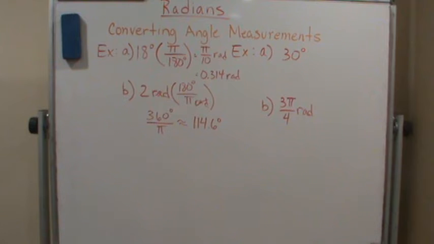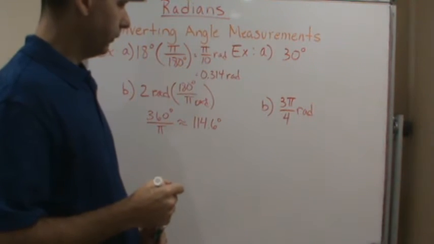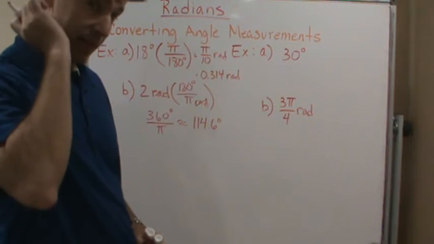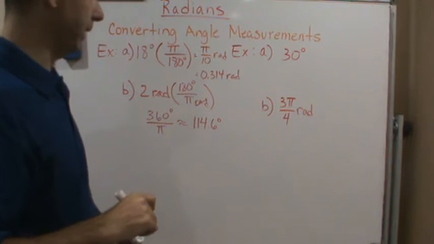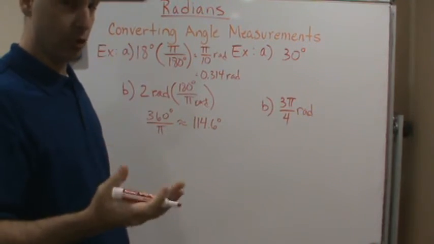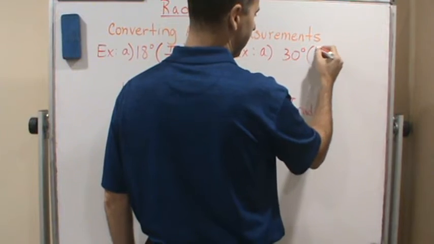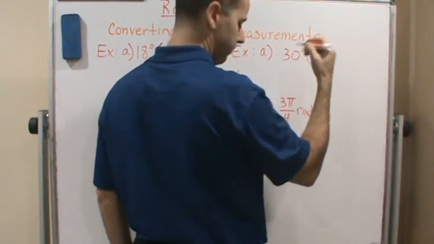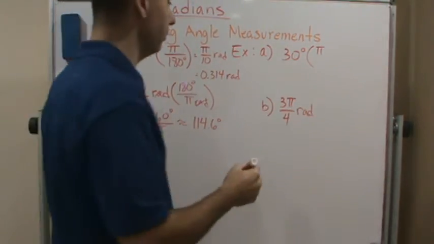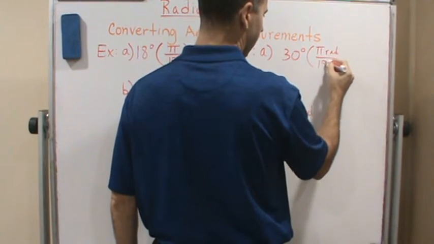Now, in the next example, let's just use pi, because again, it is typical to just leave things in pi, because then it's an exact answer instead of an approximate answer. So if I do 30 degrees and I want to change 30 degrees to radians, then again, I'm going to multiply this by the unit conversion, the unit ratio, pi radians over 180 degrees.